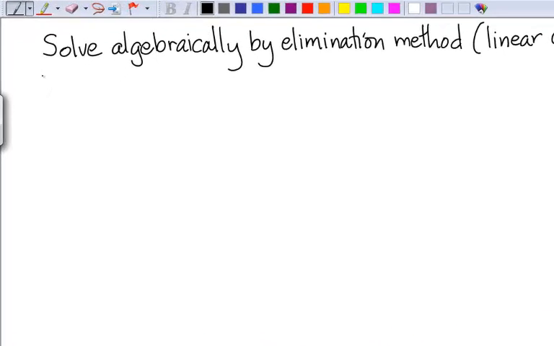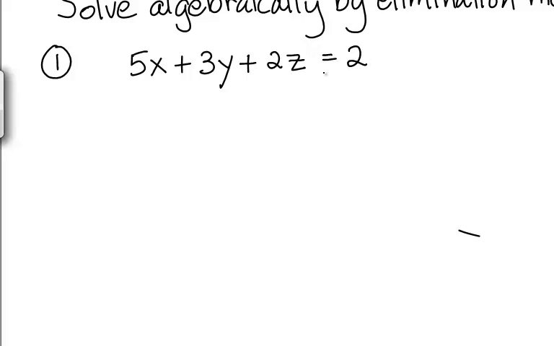Okay, so here's one problem. First equation is 5x plus 3y plus 2z. And notice my z's, I put a line through them so you can tell a 2 from a z, equals 2. So it's 5x plus 3y plus 2z equals 2.